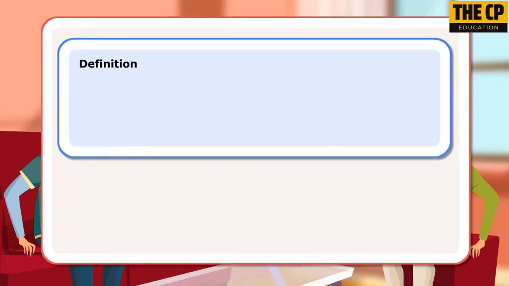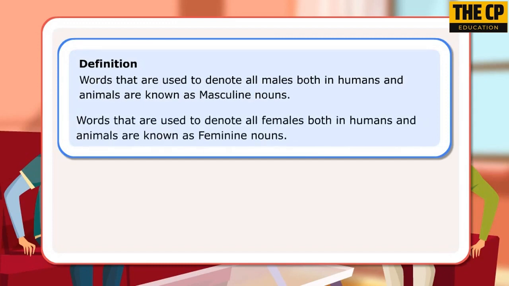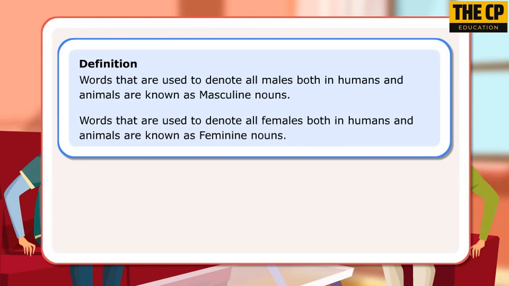Definition: words that are used to denote all males both in humans and animals are known as masculine nouns. Words that are used to denote all females both in humans and animals are known as feminine nouns.